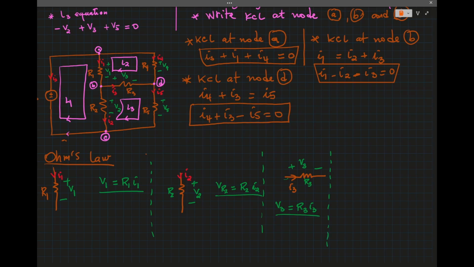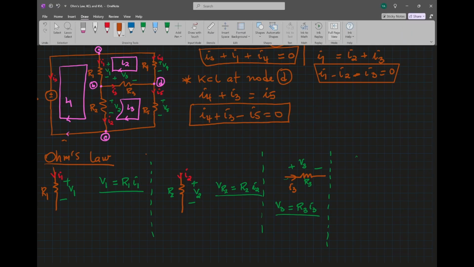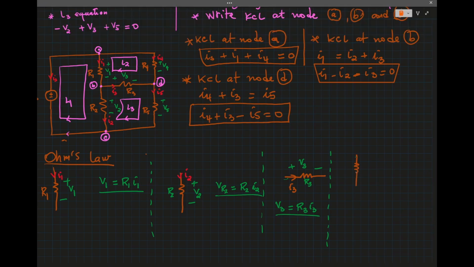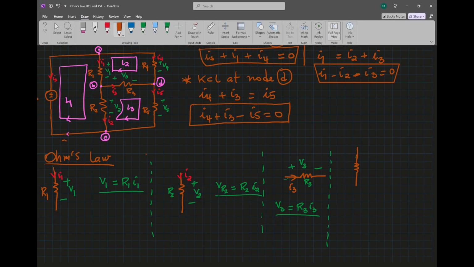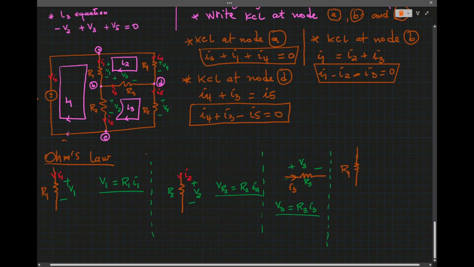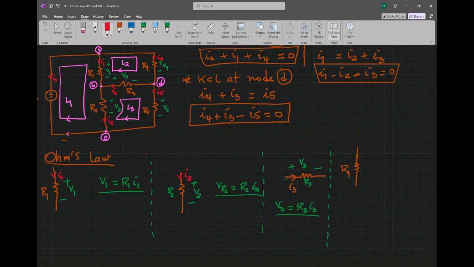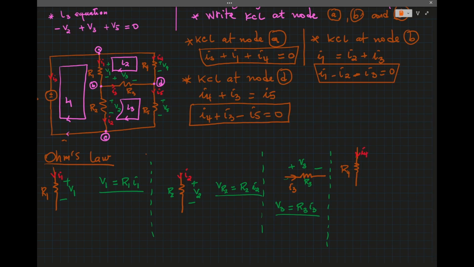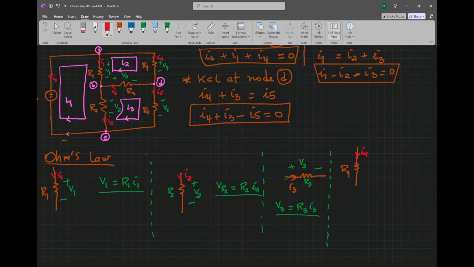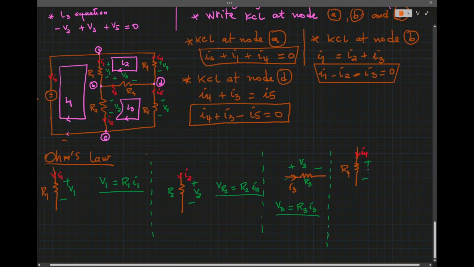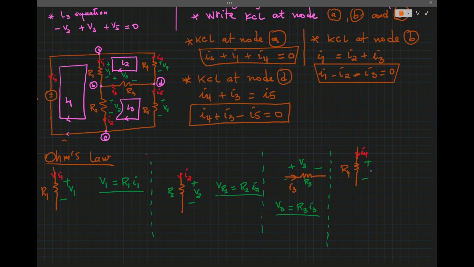Now let's talk about resistance R4. For R4, this is R4, the current is I4, and the voltage across that is V4.